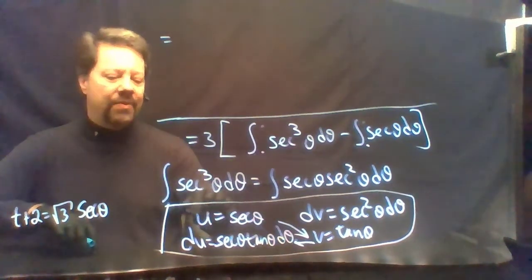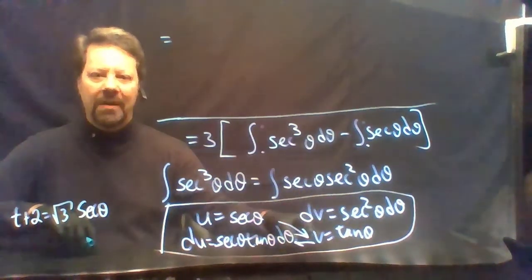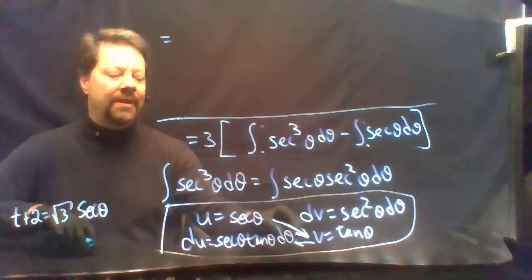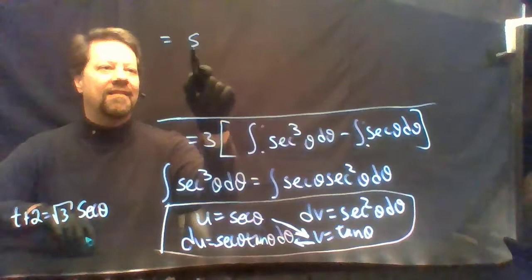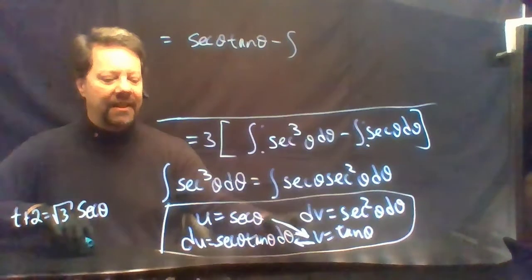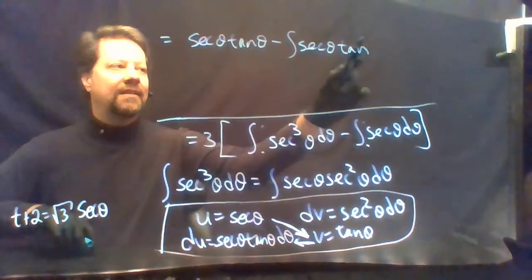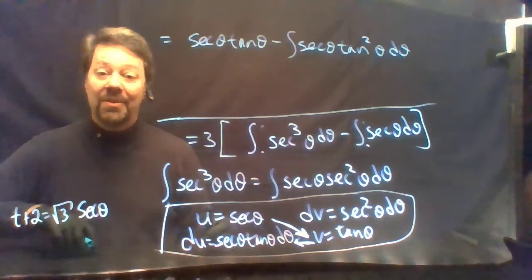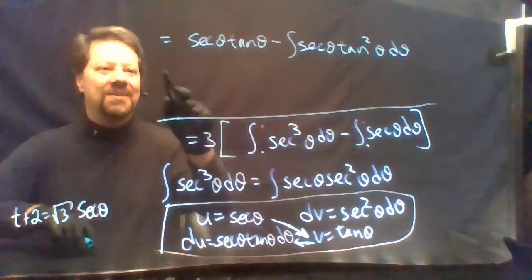I advocate always writing your integration by parts substitution elements in this exact form, with the u, the dv, the du, and the v, and then you multiply always in exactly the same directions each time. uv is secant theta tangent theta, minus the integral of v du, which is secant theta tangent squared theta d theta. Are we any better off than we were 2 minutes ago? Doesn't look like it, but let's see where this goes.